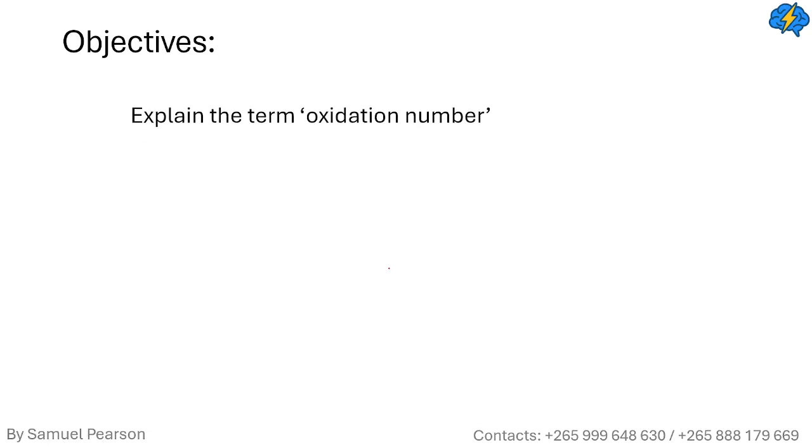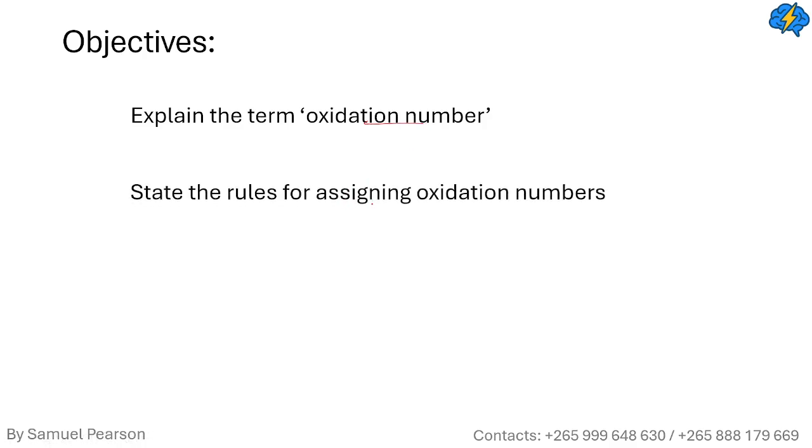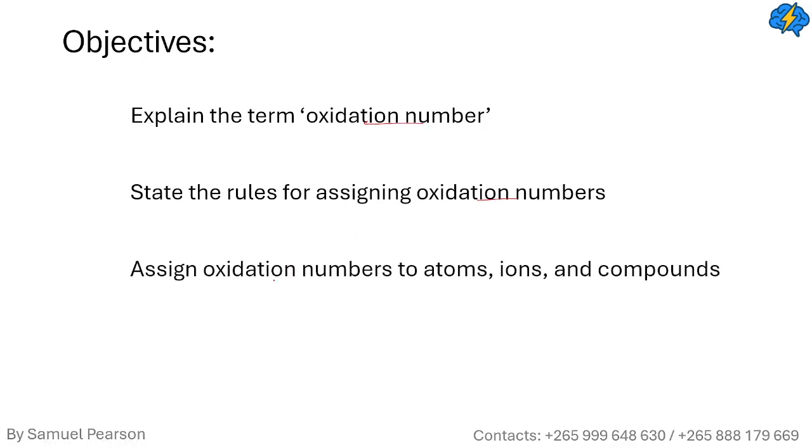At the end of this video, you should be able to explain the term oxidation number, state the rules for assigning oxidation numbers, and also assign oxidation numbers to atoms, ions, and compounds.